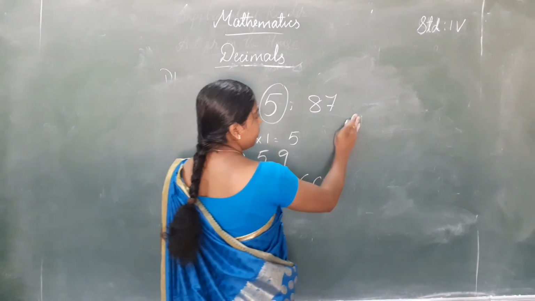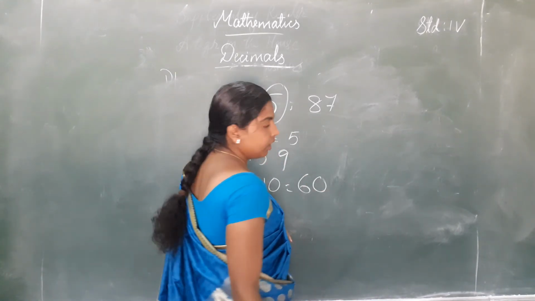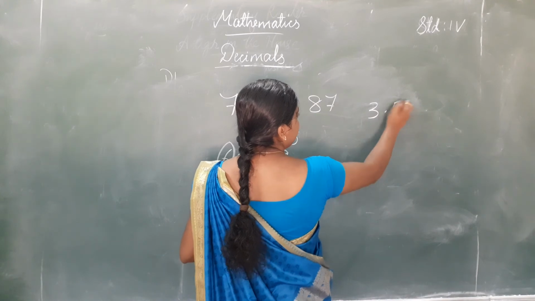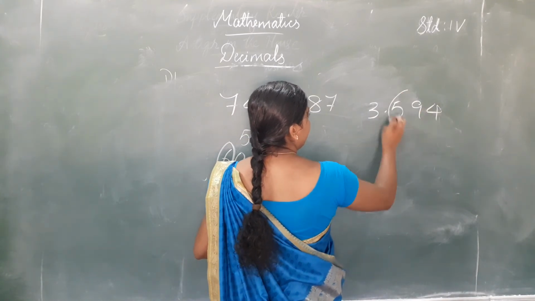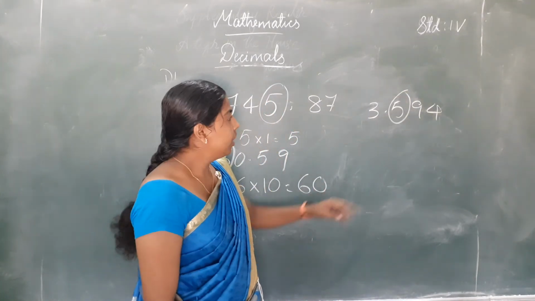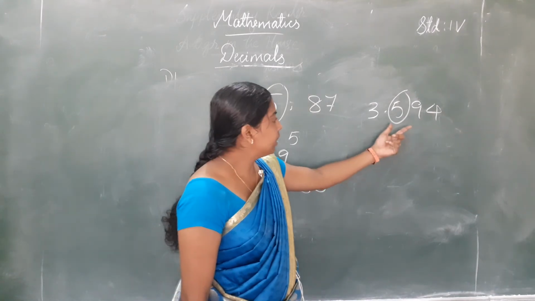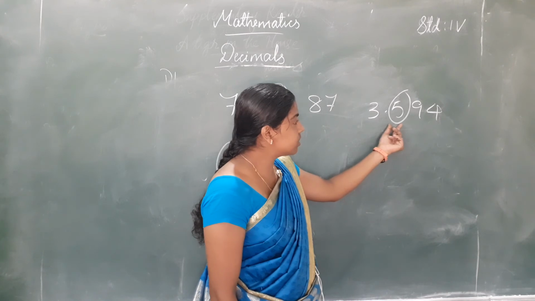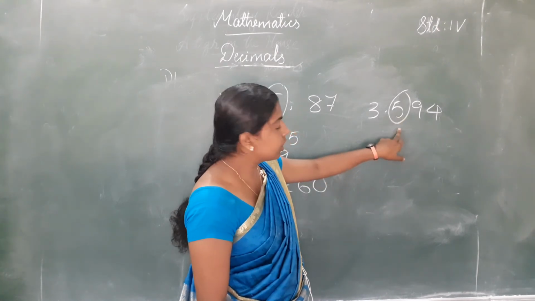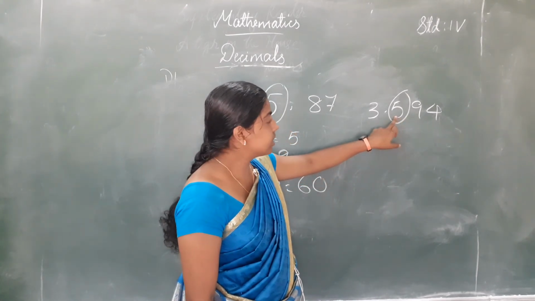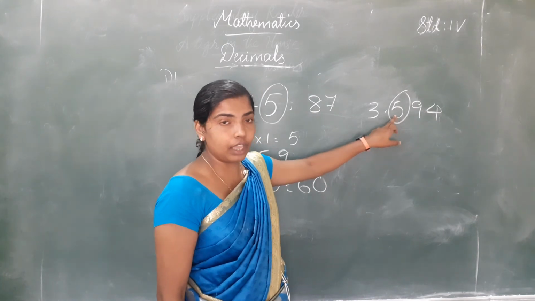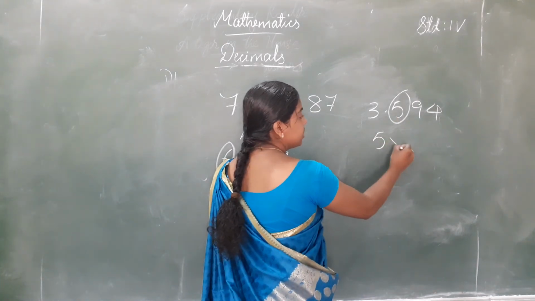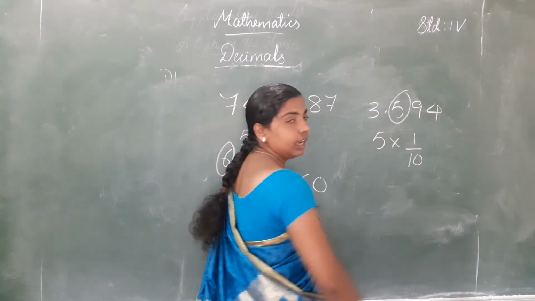Now 3.594. We have to write the place value of 5. Now see, 5 lies in the decimal part, it is the digit just next to the decimal point, and it is in the tenths place. So the place value of 5 is 5 into 1 by 10.